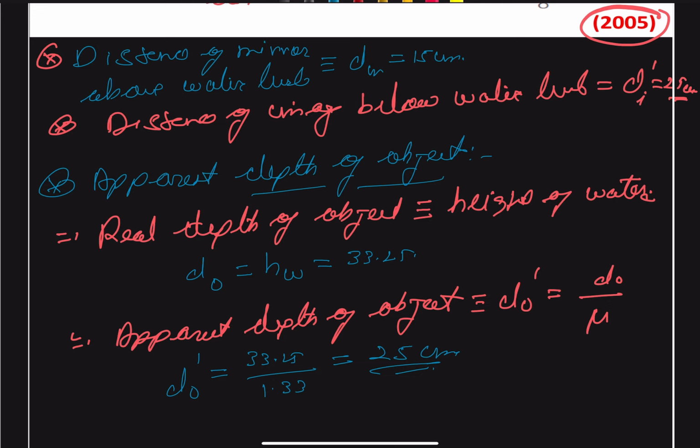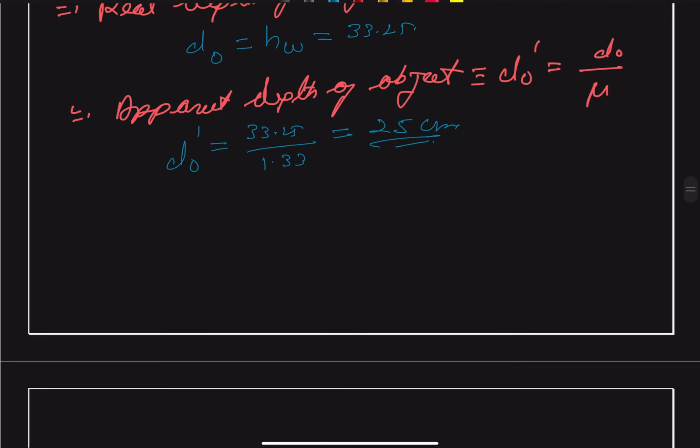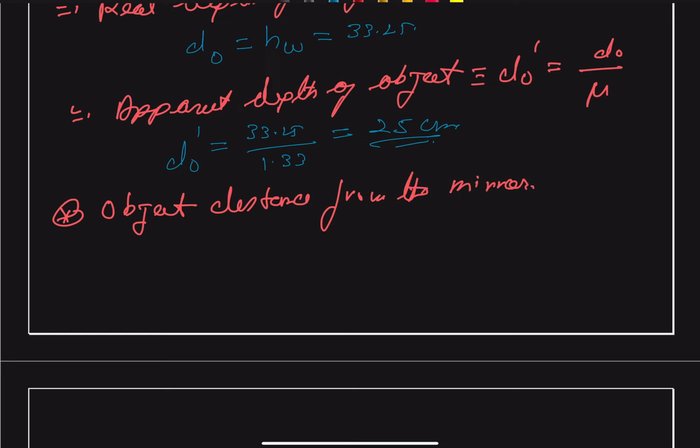Now we can easily find out what will be the object distance from the mirror. That will be equal to the sum of the distance of the mirror above the water and the apparent depth of the object.